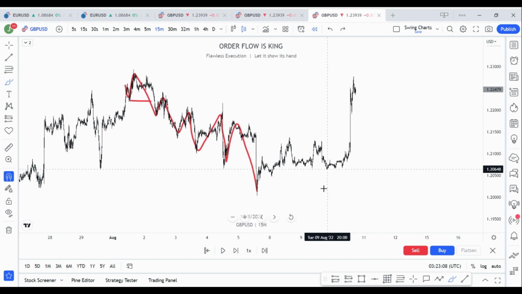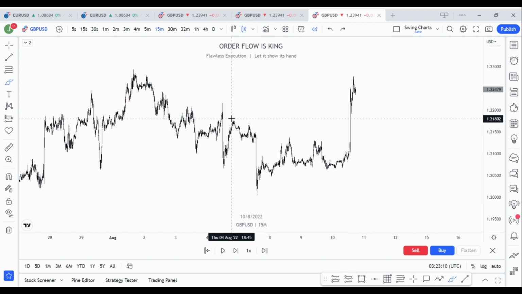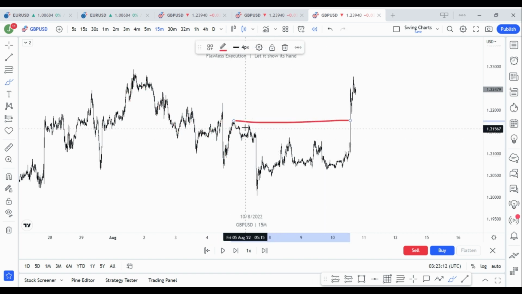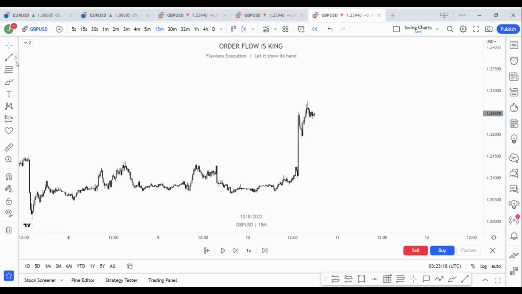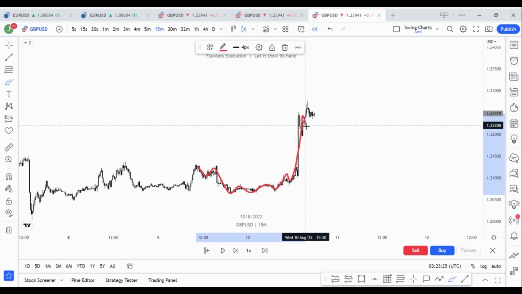Now, at this point in time, obviously the 15-minute time frame is bullish. As you can see here, we have this break of structure. So we need to wait for order flow to be on our side. So let's draw our 15-minute order flow as something like this. Then we pull back here and take the high. So for us to be able to get involved in a trade, we need to see a shift in order flow.